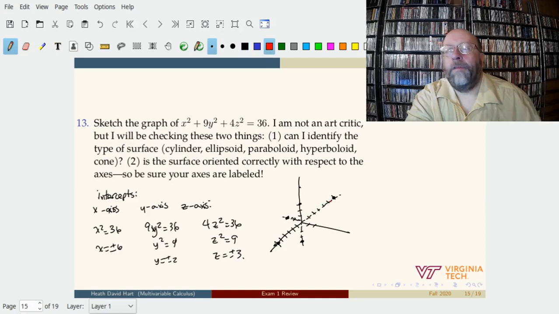And so what happens is that in the xy plane, we have 4 intercepts that connect all together. In the yz plane, we have 4 intercepts that connect together. And then in the xz plane, we have 4 intercepts that connect all together. And so what we've got is a shape that's called an ellipsoid.